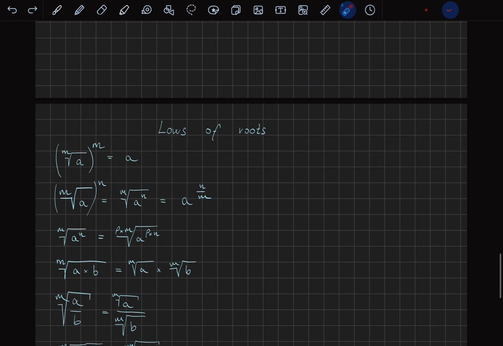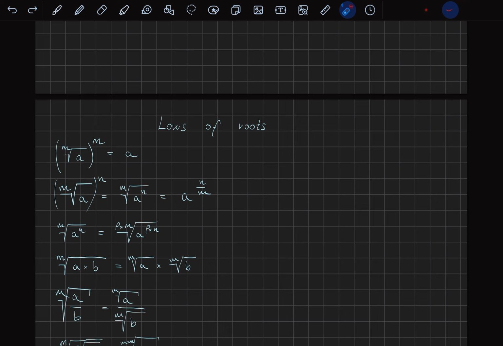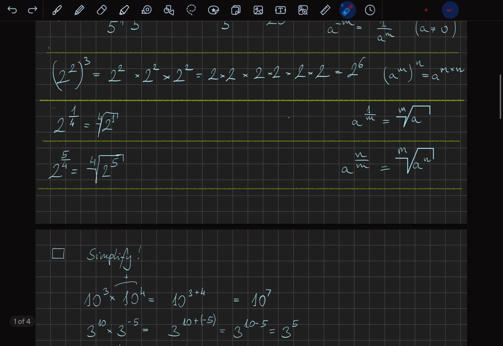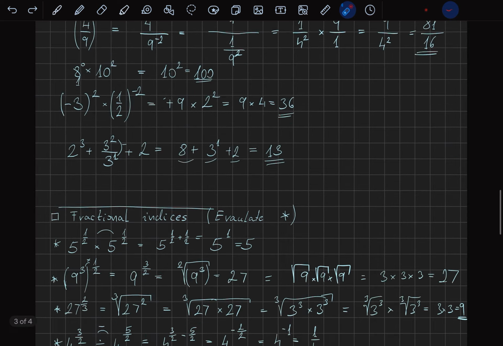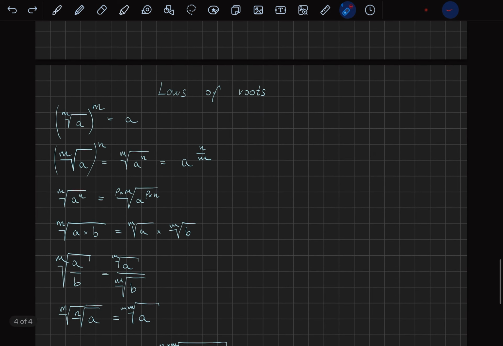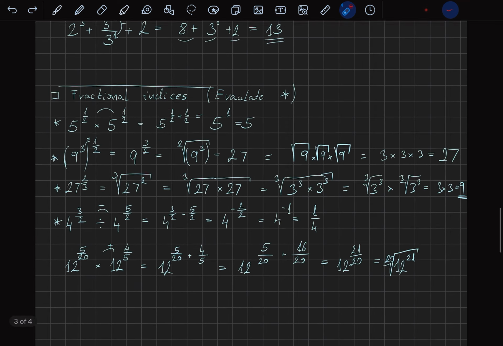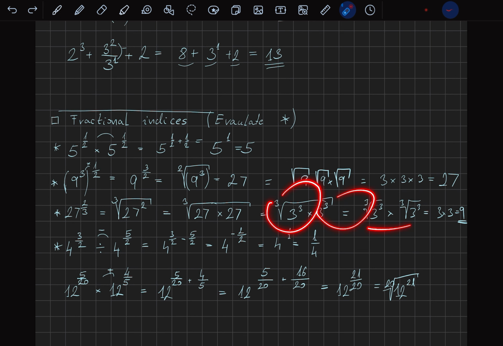And the laws of the root, basically it's a little bit the same as the laws of the indices, because they are really common things. Okay, so the mth root of a to the power m is equal to a. This is what we used here and here too.